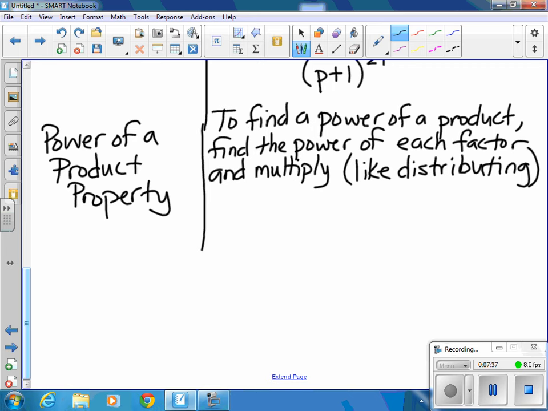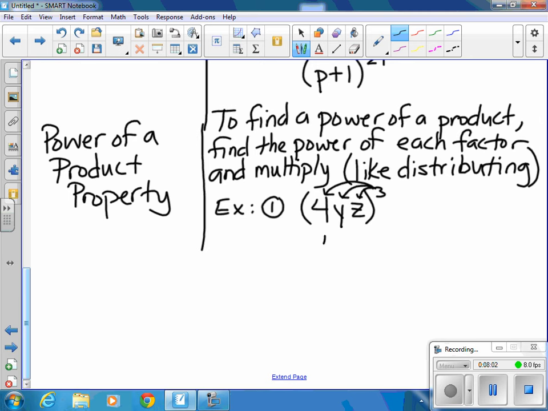So here's what this one looks like. Right? If I have 4yz raised to the 3rd power, right? The power of 3 on the outside is being given to the product of 4 times y times z inside. So you're going to take this 3 and you're going to give it, like distributing, to each piece of the product.